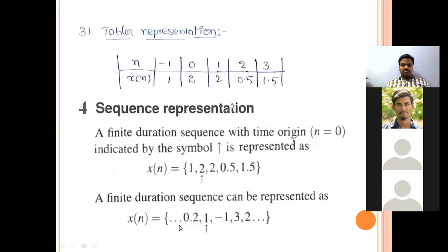Suppose x of n is equal to 0.2, 1, -1, 3. That means at n is equal to 0, x of n has magnitude 1. At n is equal to 1, x of n has magnitude -1. At n is equal to 2, x of n is equal to 3. At n is equal to 3, x of n is equal to 2. Likewise, we are going to represent the discrete time signal.